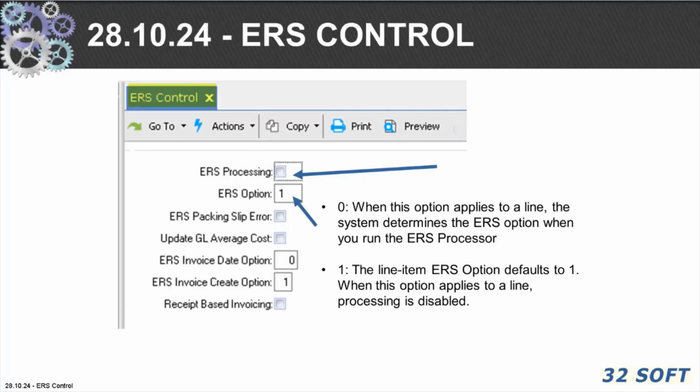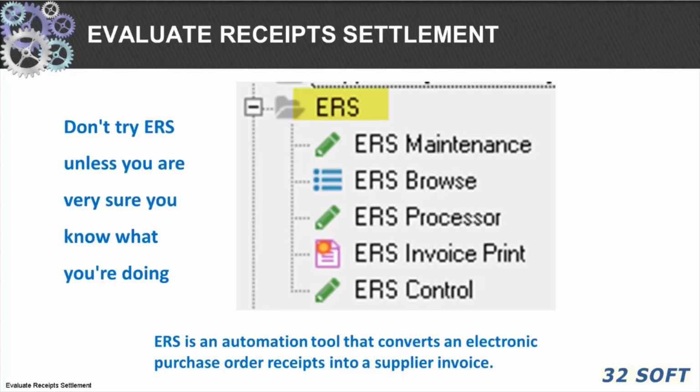ERS processing control indicates if ERS is currently enabled. This requires great discipline. Options are 0 when applied to a line or 1 when ERS is disabled. Remember, don't try ERS unless you are very sure you know what you're doing. It can be hard to correct errors.